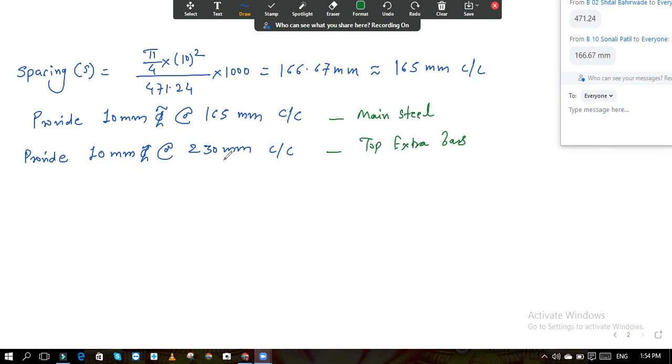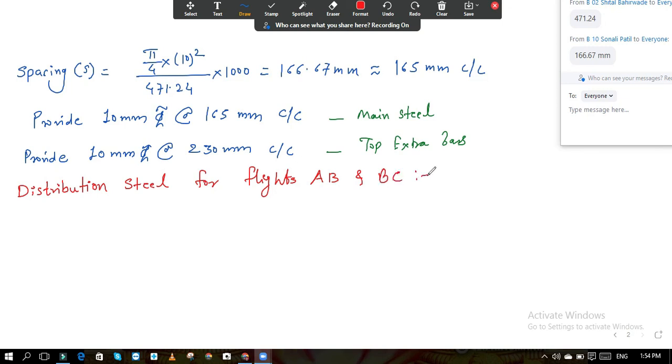Now distribution steel for both the flights. Okay, so we will calculate the distribution steel now. Here I will write distribution steel for flights AB and BC.